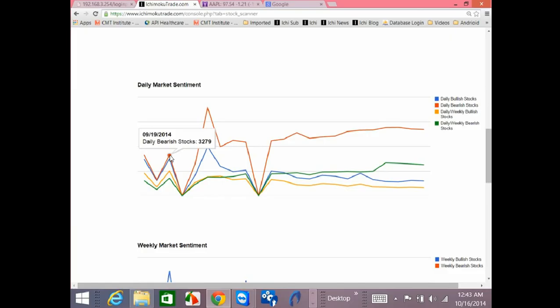How many bearish? Well, guess what? When you're at an all-time high, wouldn't you think there's more bullish stocks than bearish on a daily? So what happened? It was fake. And the reason why is the S&P is now dominated by a couple of stocks. So if a couple of stocks move up, the S&P looks like it's going bullish. You guys see it?